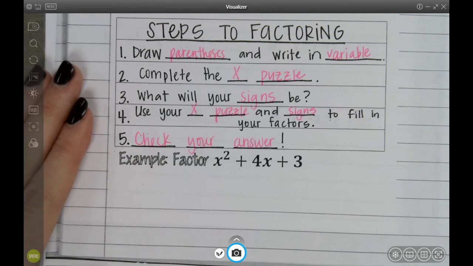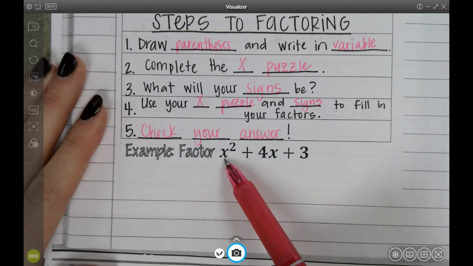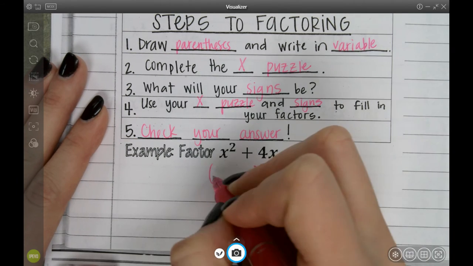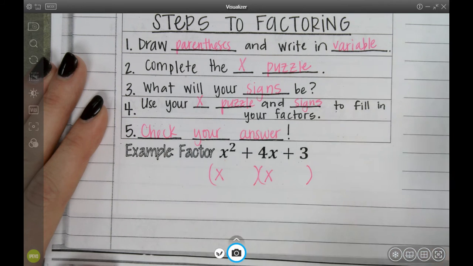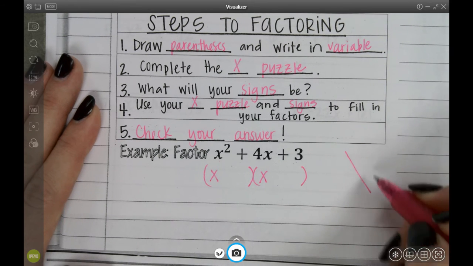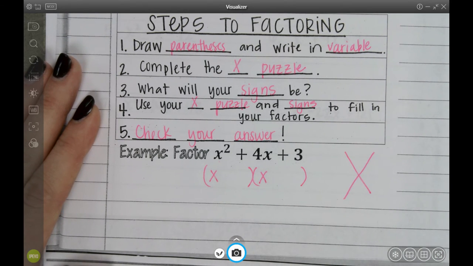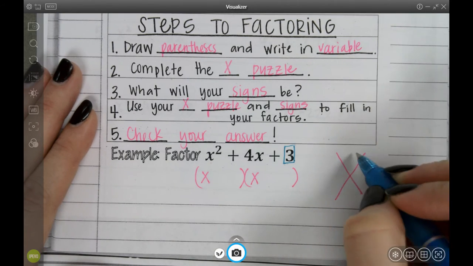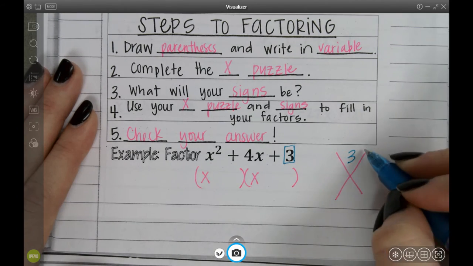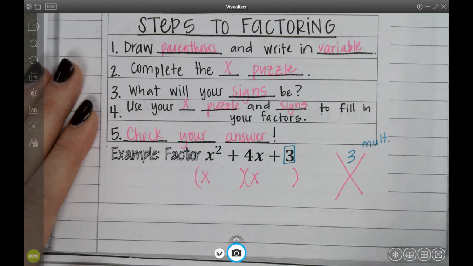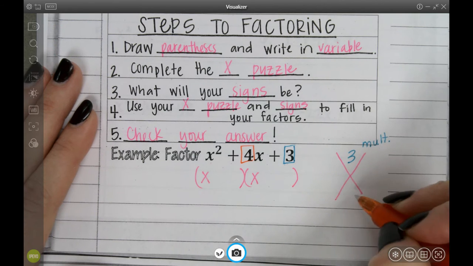So for this example, my variable is x. So I'm going to draw my 2 sets of parentheses, write in the x, and I'm going to make the X puzzle like we have up there at the top. So what I'm looking for are 2 numbers that multiply to give me 3 but add to give me 4.